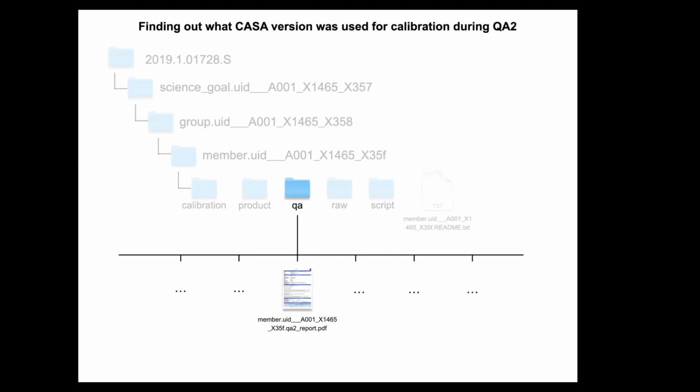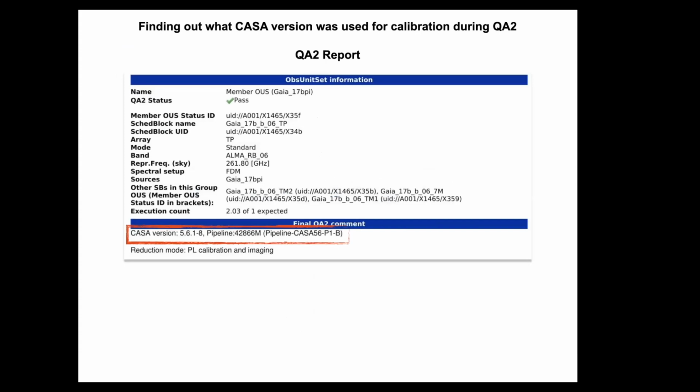But one easy way for this particular project is to go to the QA folder, and there will be a PDF of the QA2 report. Then one just opens that PDF file, and there will be the CASA version that was used.